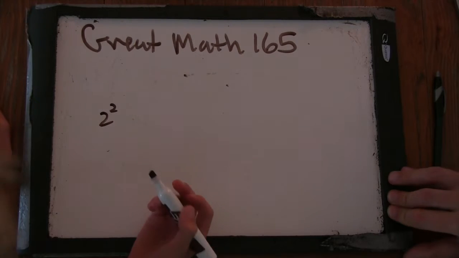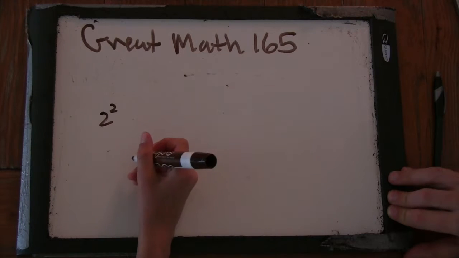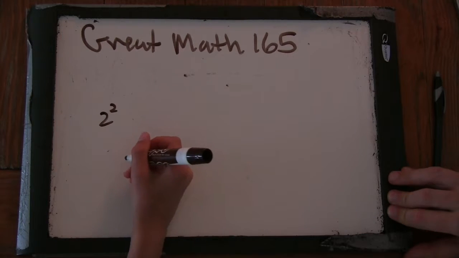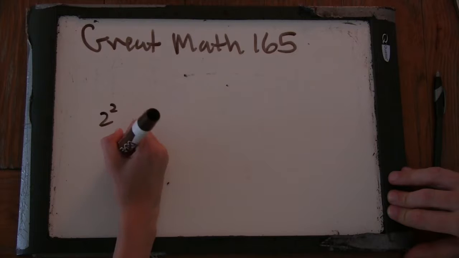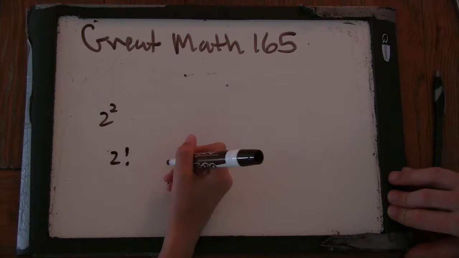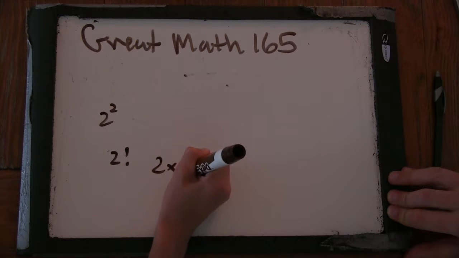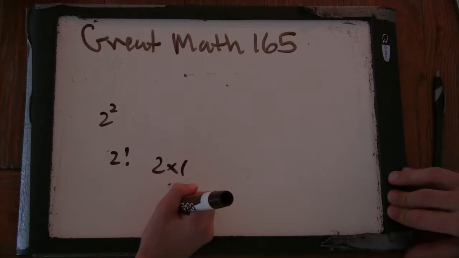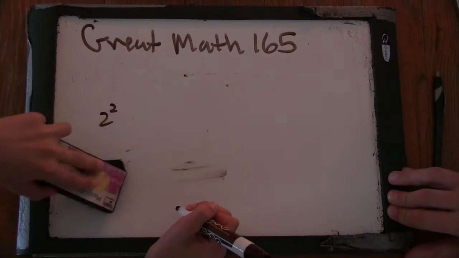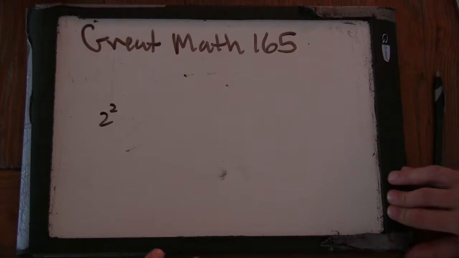So, we can start with a small number, like 2 factorial. It's 2 times 1, but that doesn't have enough 2's to begin with. Well, remember, we're looking for a factorial over b factorial.